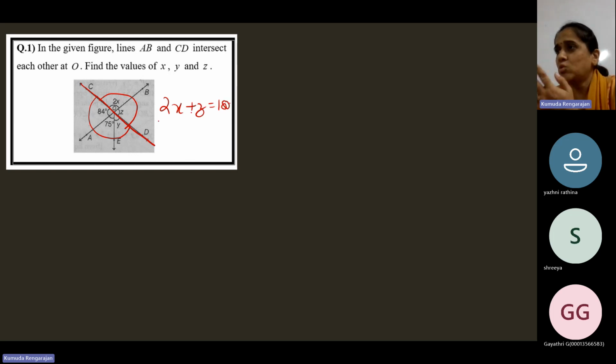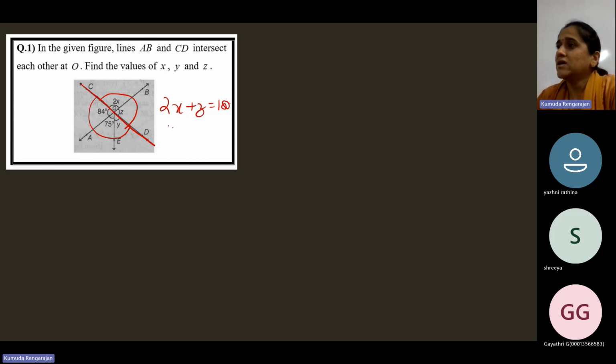Now, when you take the line CD, these are the angles below CD and these are the angles above CD. Above CD, we have 2x plus z is equal to 180. Again, one equation but two unknowns. You cannot find x or z here. Below, we have 84 plus 75 plus y is equal to 180.